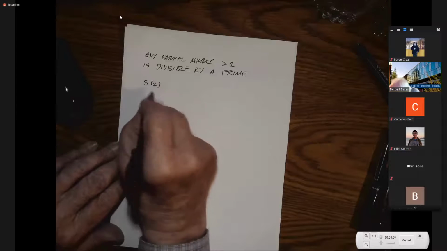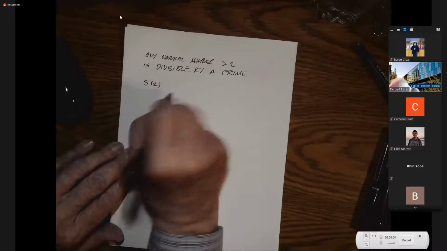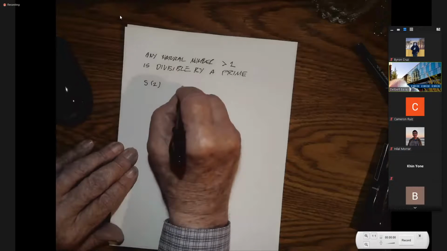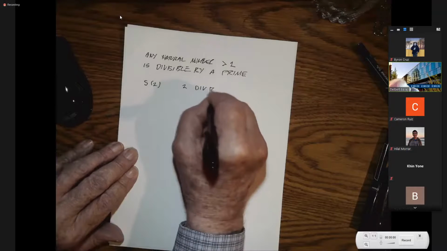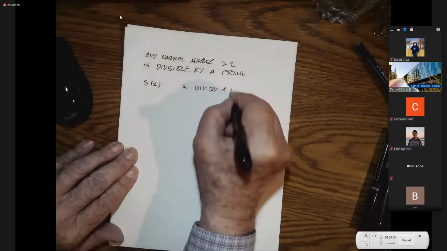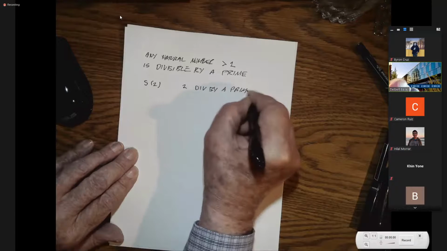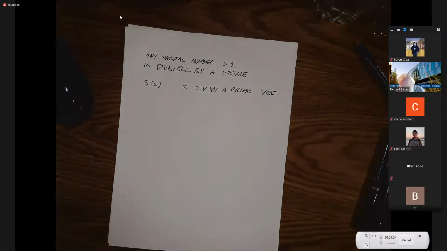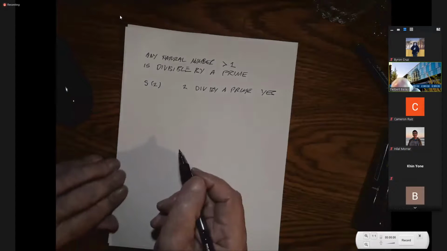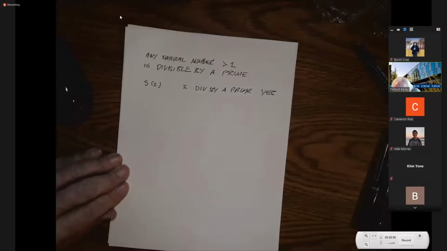Okay, well the statement is saying that 2 is divisible by a prime. Yes, it is a prime, right? Okay, now then let's look at any n that's bigger than 1.